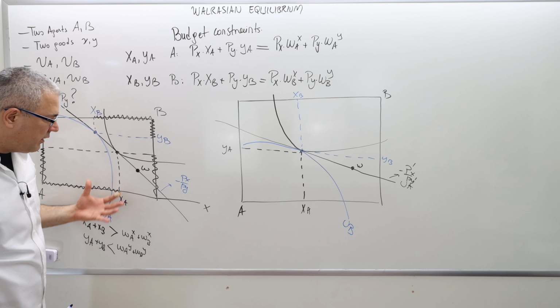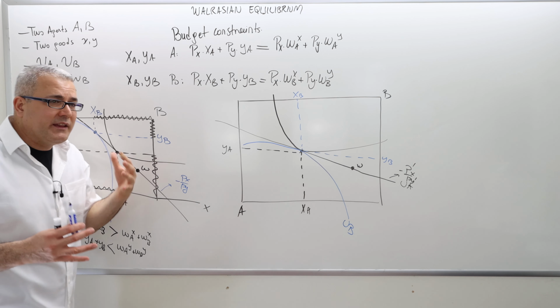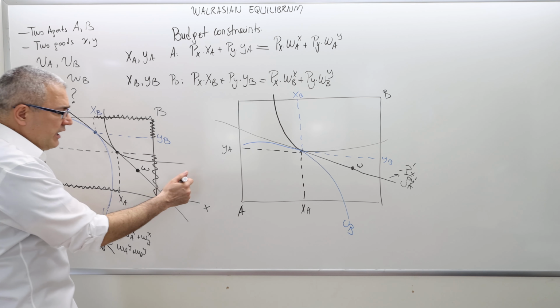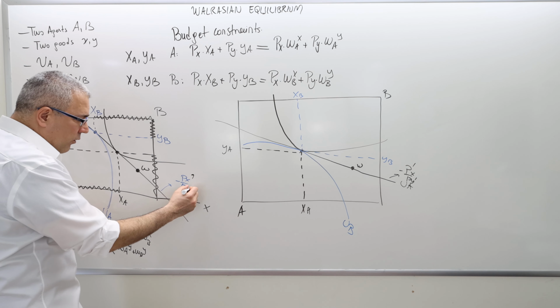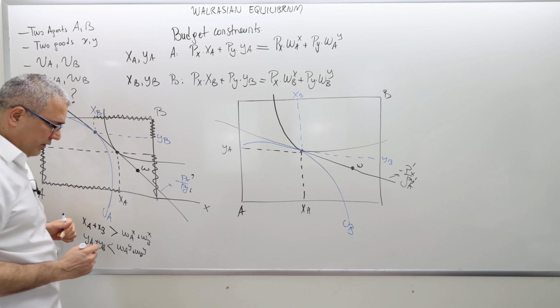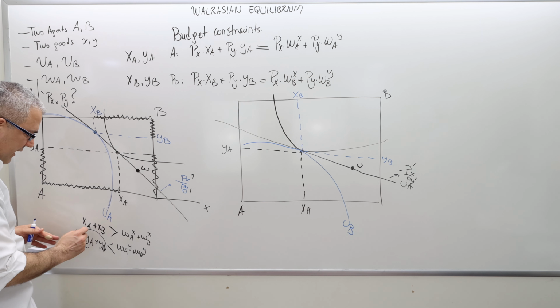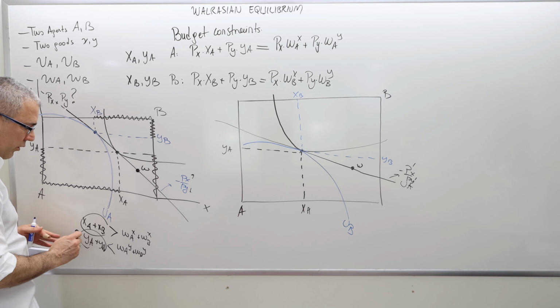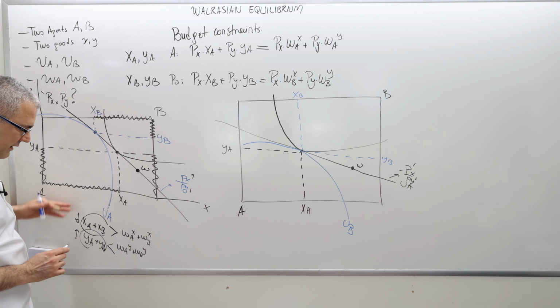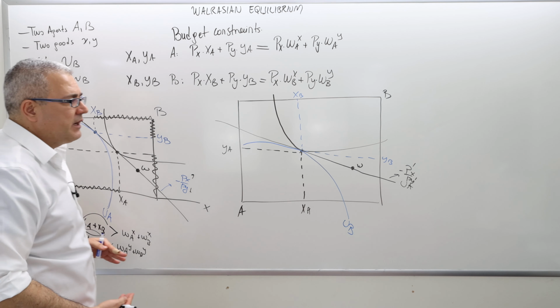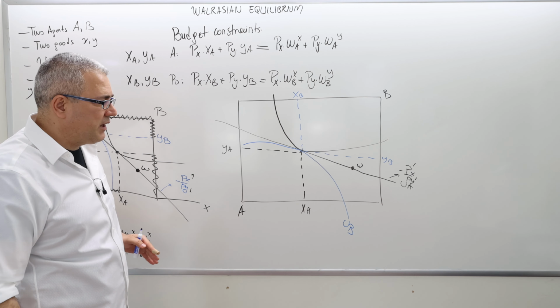So in some way, the invisible hand is going to play with the prices. How? It's going to increase the price of good X or decrease the price of good Y. So the demand for good Y increases, and because good X is now more expensive, the demand for good X decreases, so that we balance out these feasibility equations.